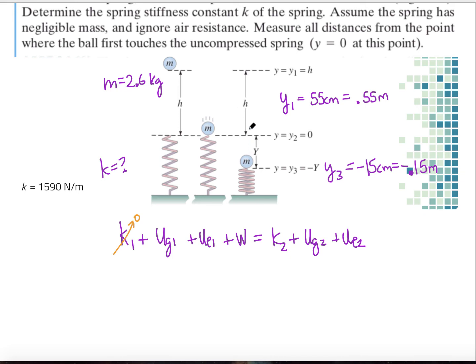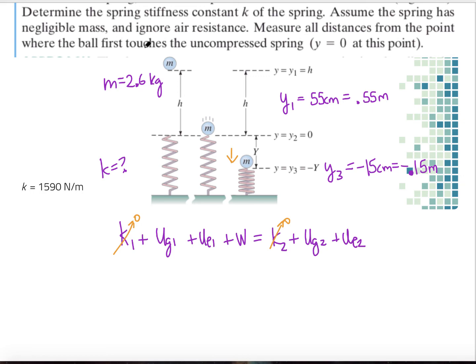Similarly, if we want to know the maximum compression of our spring, that means our ball has pushed it as far down as it will go before it starts going back up and decompressing. So at the very bottom, our ball is changing directions and therefore not moving for that instant, so we have a kinetic energy of 0.